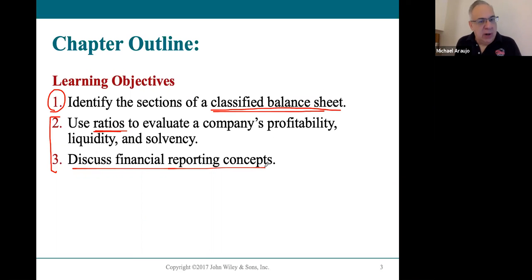And those rules are called Generally Accepted Accounting Principles, or GAAP. So you're just going to get an introduction to that in Objective 3. But again, what you're going to be focused on in this chapter and in this class is the classified balance sheet. So let's start it.